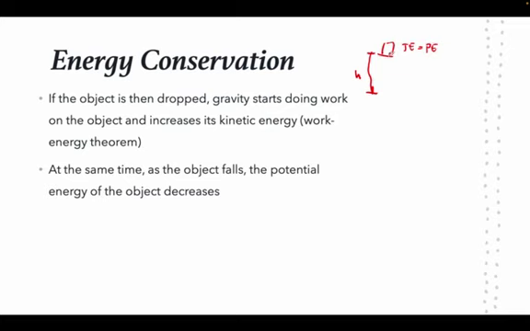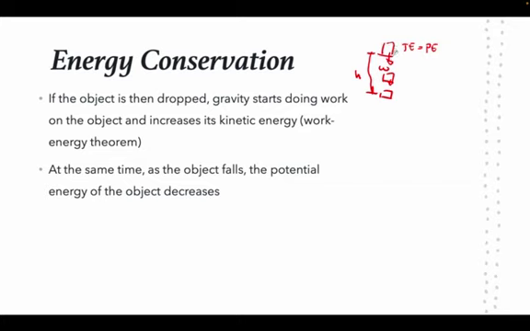But as soon as gravity starts doing work, right, then the work done by gravity is going to take the block, the mass, and bring it down to the floor. Now, as gravity starts doing work, it increases the kinetic energy of the object, as we know from the work-energy theorem.